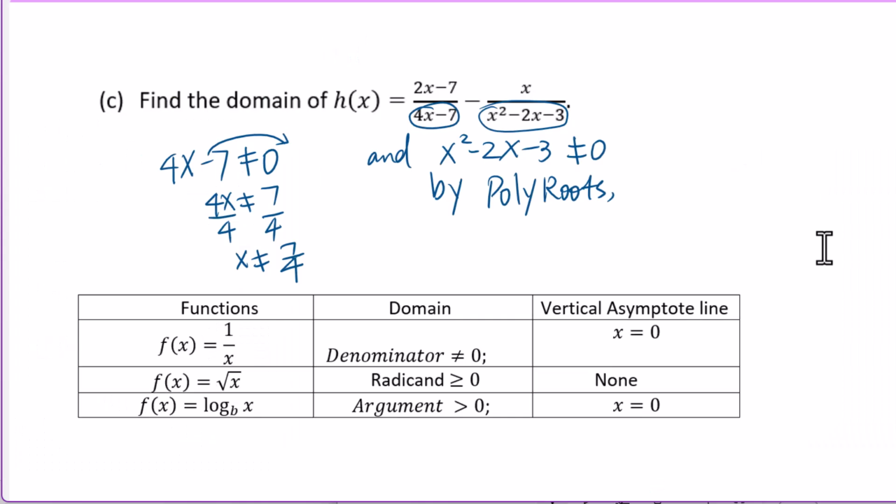Since we are solving not equal to 0, we write x not equal to -1 and not equal to 3. The domain for this rational function will be x not equal to 7 over 4, -1, 3.